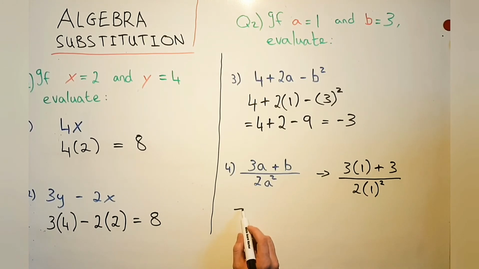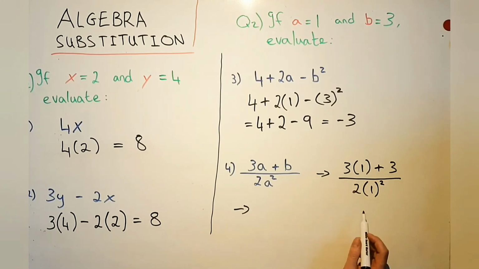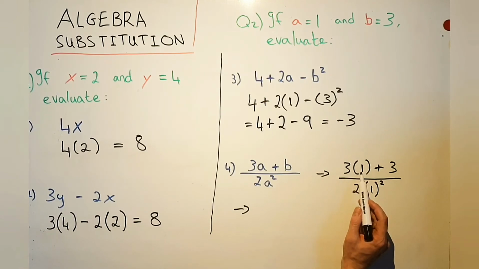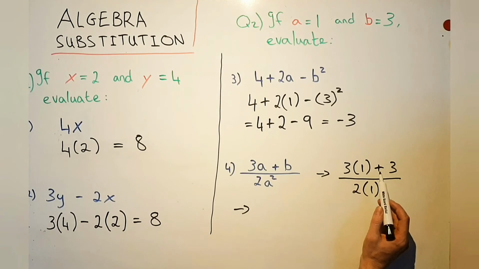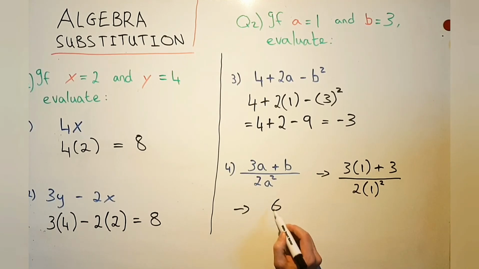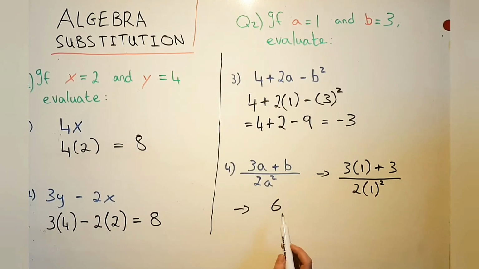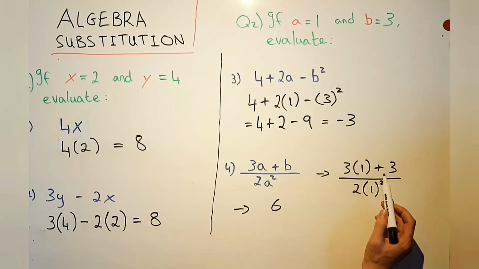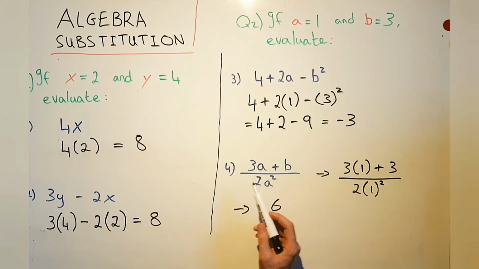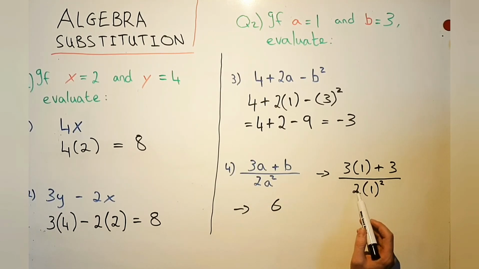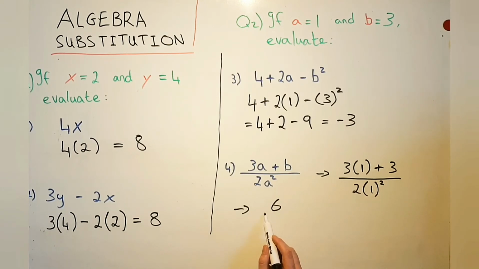Once again, it's a numeric expression that we can go through the steps to evaluate. 3 multiplied by 1 is 3, plus 3 is 6. So the top part of this fraction has a value of 6. I like to break it up into top and bottom. It just makes it easier, especially when equations get very long. We know that 1 squared is 1, multiplied by 2 is 2.